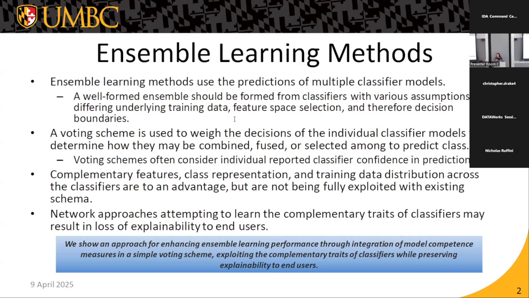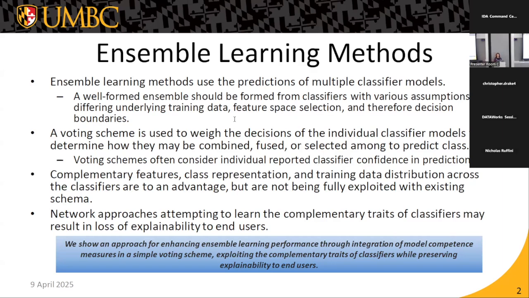So the approach that's actually taken, which I'll go into in more detail on the next slide, is that you use a neural network. You'll have a meta classifier that comes out of that neural network, and that is the attempt to learn the complementary behavior of the individual classifiers to get the amalgam decision. The problem with that is that it causes you to lose explainability to end users.